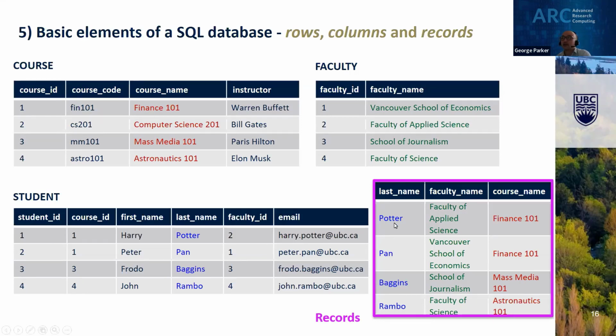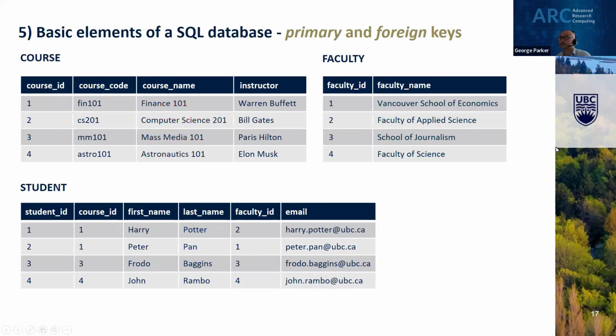The blue one is from the student table. The green is from faculty, and the course name, which is red, is from course. So what I did here is to grab different data fields from different tables and put them together to form a record, or data record.